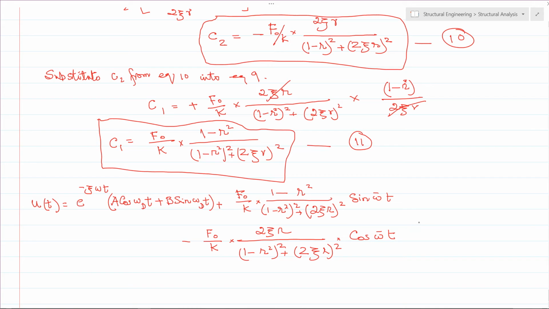So this is our final solution of the equation number 1.